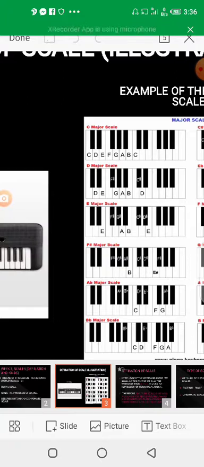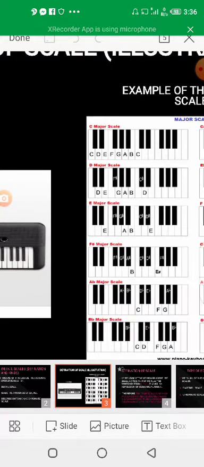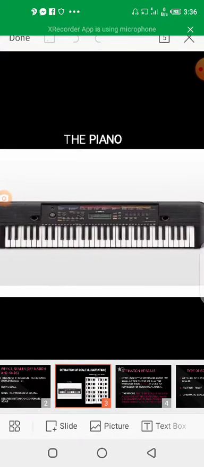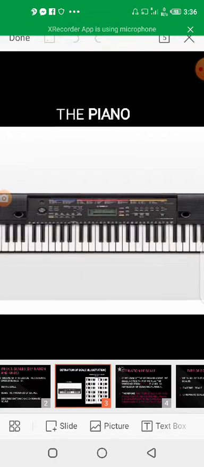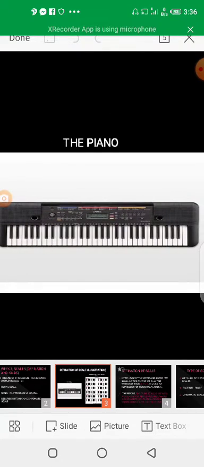So if you were to play D major scale, this is what it looks like. But I would want us to put more of our attention on the C major scale. The C major scale. Okay. Now you see you have to climb from the C to the C and from the C to the C.